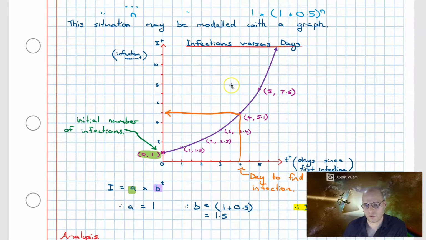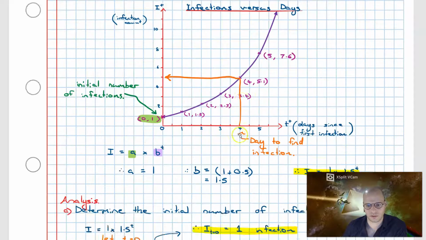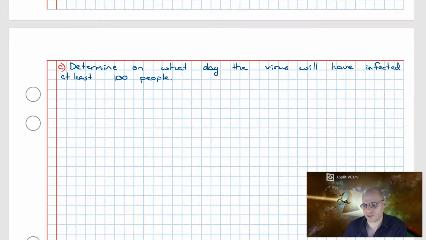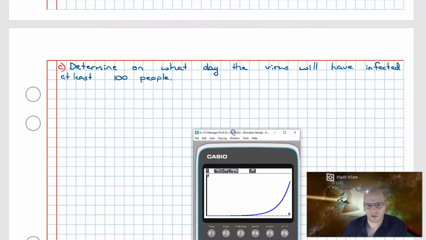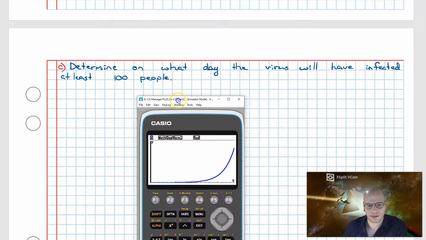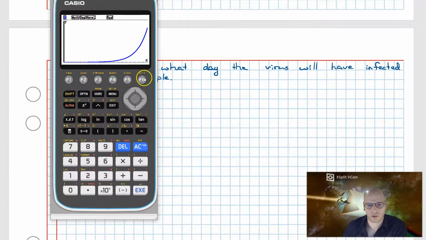Now this little graph over here, it's puny, so it's not going to give us a result. So what we need to do is use our calculator. So we're going to go in, gsolve, go across. We're looking for the day, so we're looking for an x value.